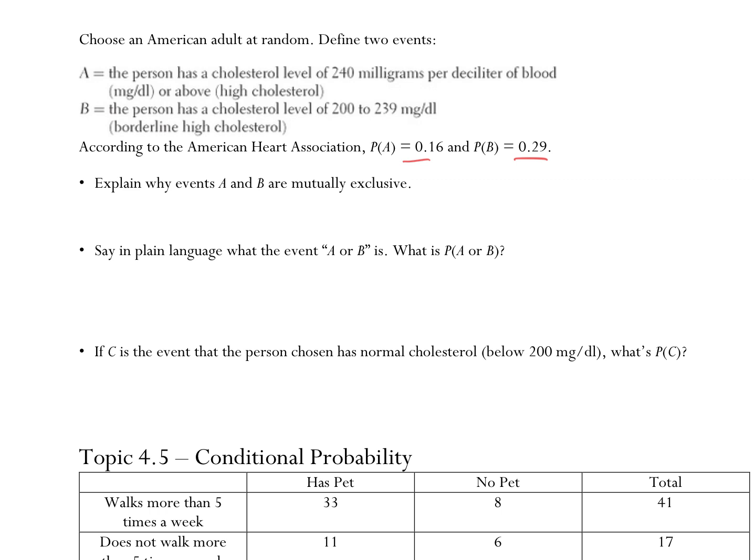Okay. Are the two events mutually exclusive? Yes. Let's see. We're really saying, can somebody have cholesterol bigger than 240 and in the 200 to 239 range?